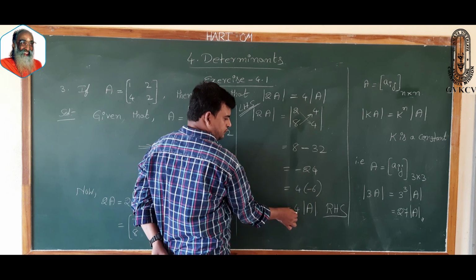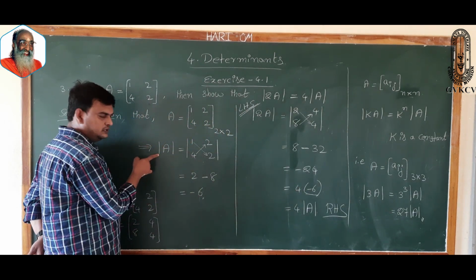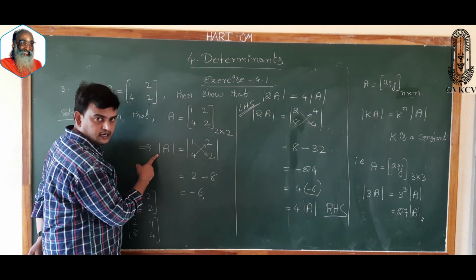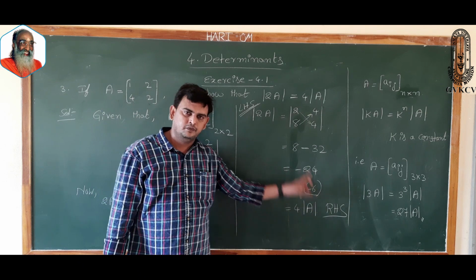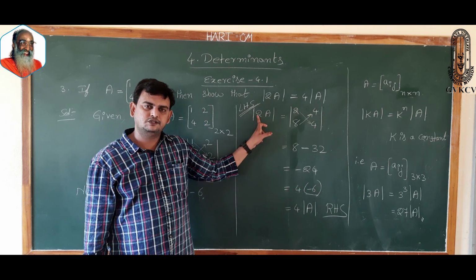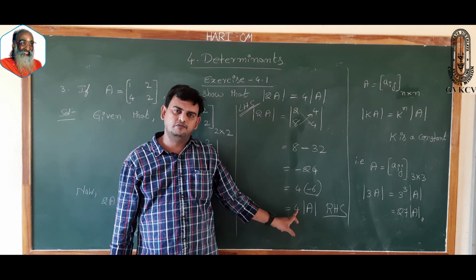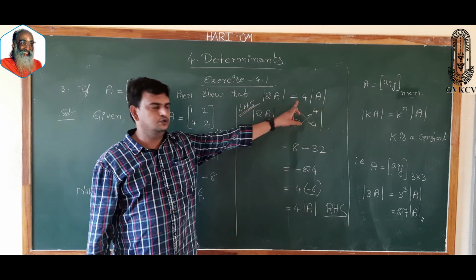And minus 6 is det A, so in place of minus 6 I can write the det A value. So finally I got 4 into det A. Here I am taking the LHS part, det 2A, and finally I got the answer 4 into det A. That is the thing they asked us to show.